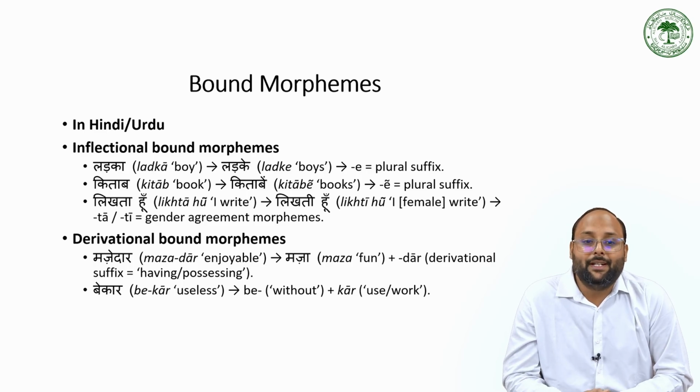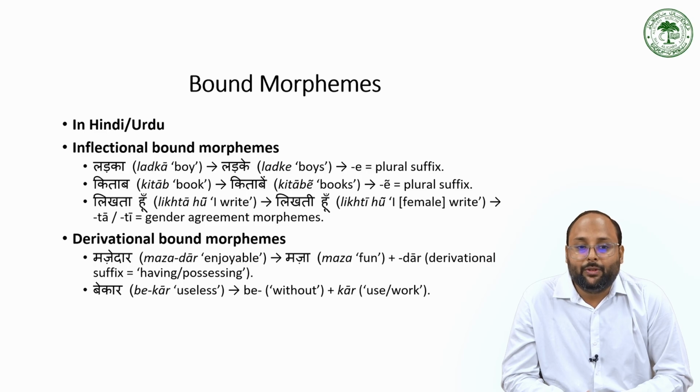For derivational bond morphemes, we have dar. Dar is a derivational suffix. When you add it to maza, it becomes mazedar. Dar, the derivational suffix, has the meaning of having or possessing, so it changes the whole meaning of the word maza.